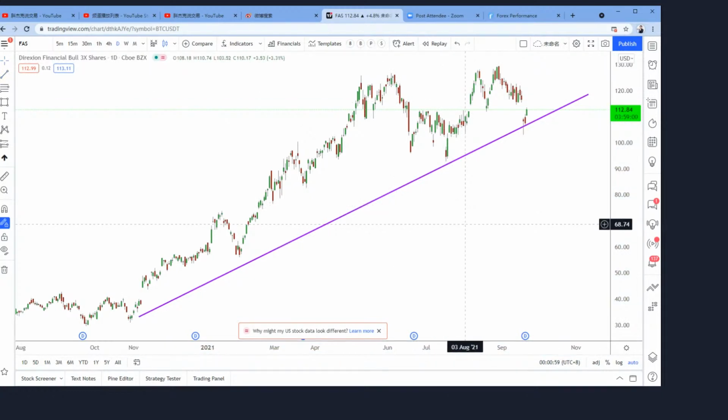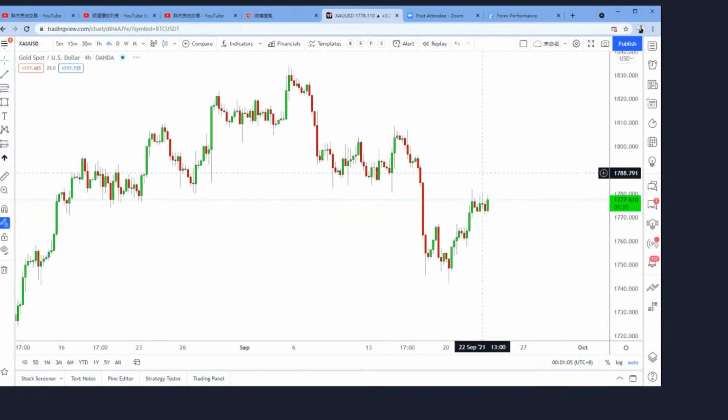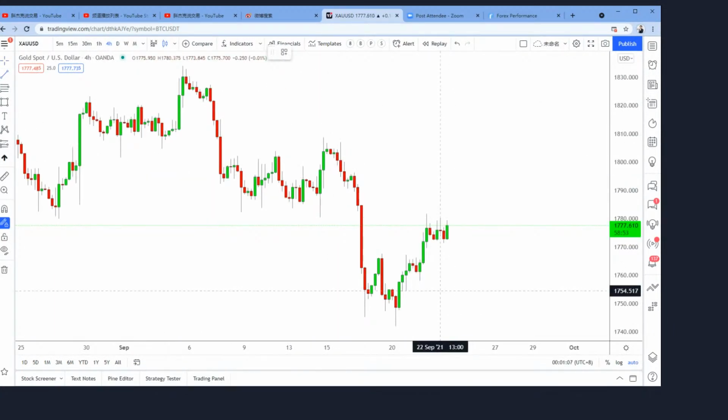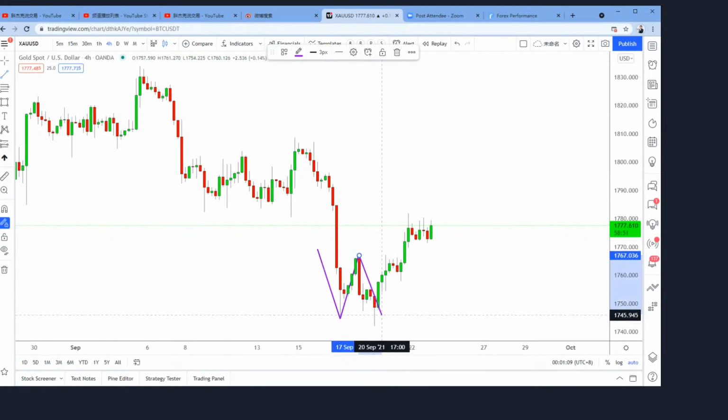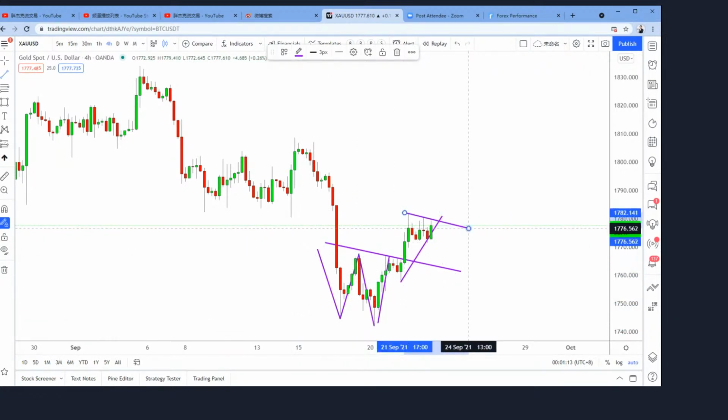So today, guys, find your ways to buy some gold. Gold has already finished its bottom pattern here. The flag pattern is coming. Break 1781 and it just flies to 1800.